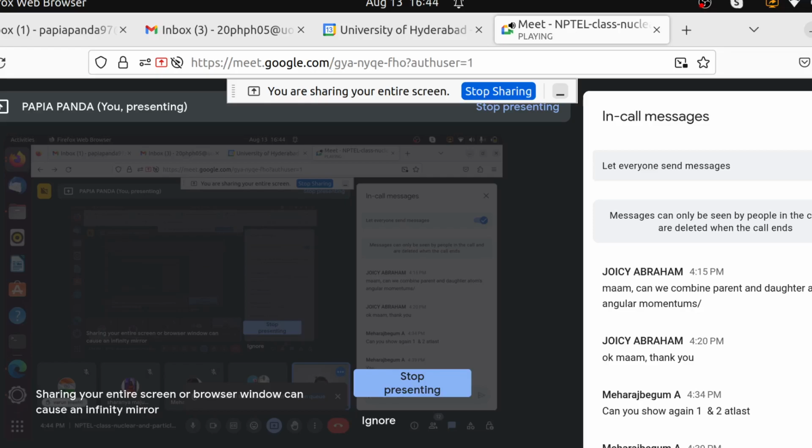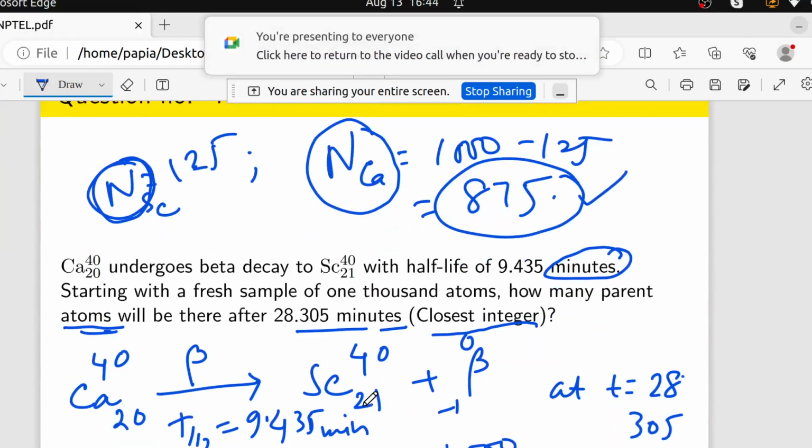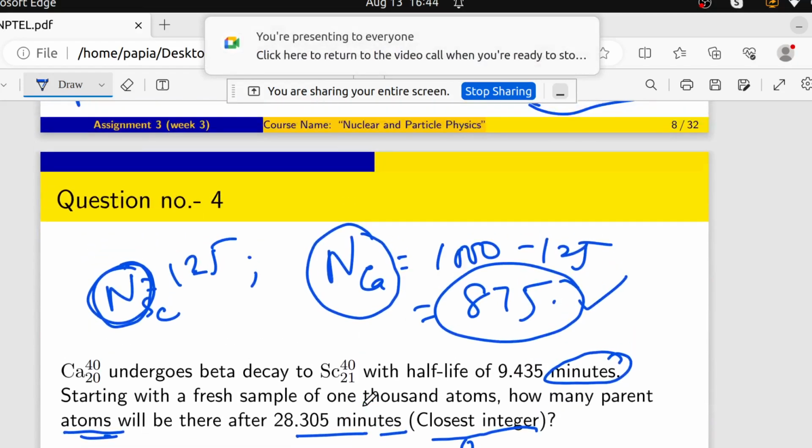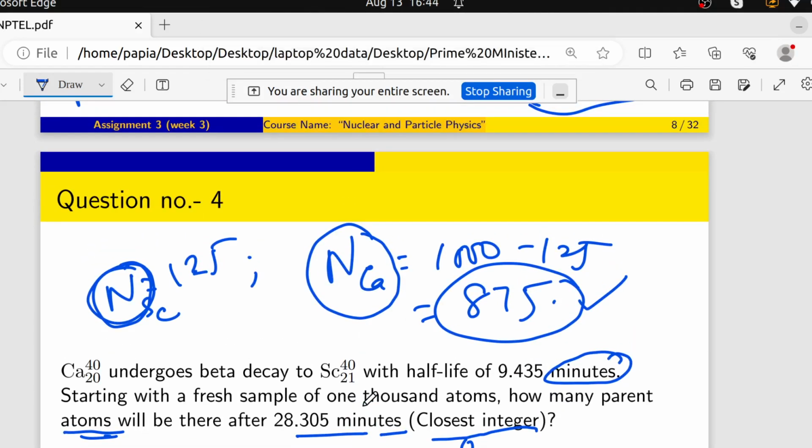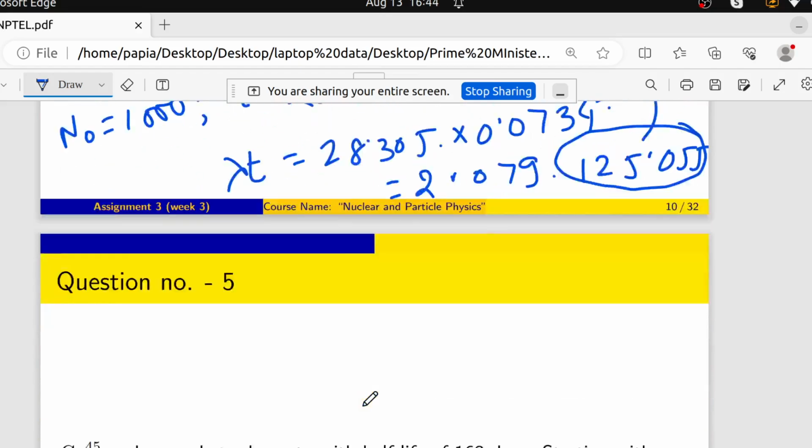Varun Sastri, can you unmute yourself? You may explain question number 4 and 5. Okay. 4 and 5.